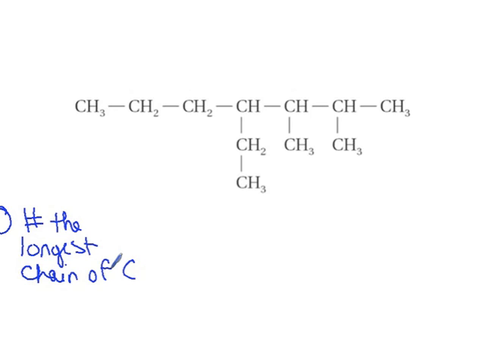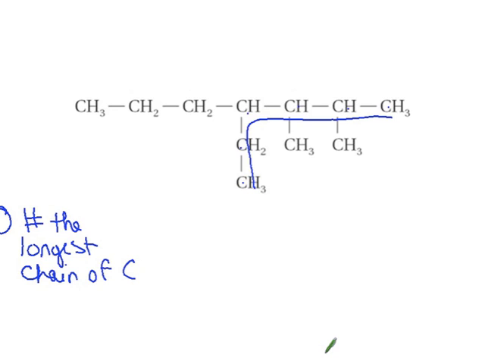To determine that, you look at the chains, and it's possible that the chain could bend. So it could go like this, if that's the longest chain. Let's see, 1, 2, 3, 4, 5, 6. Nope, it's got to be a continuous chain. It could go like this.